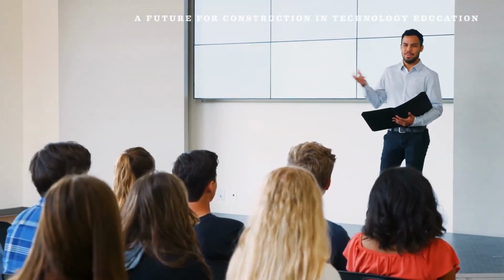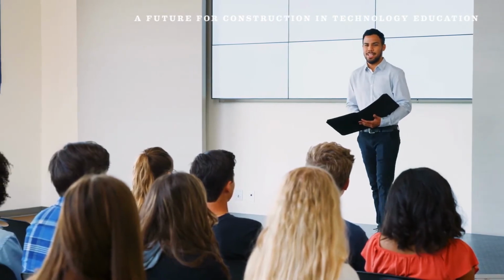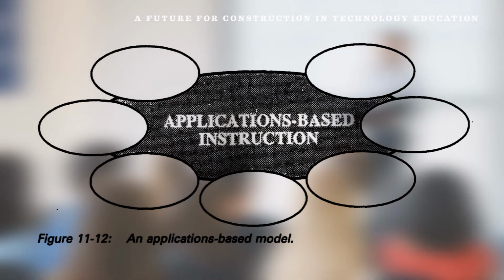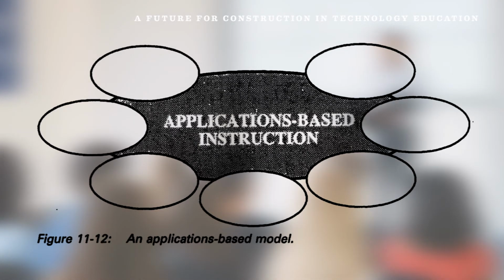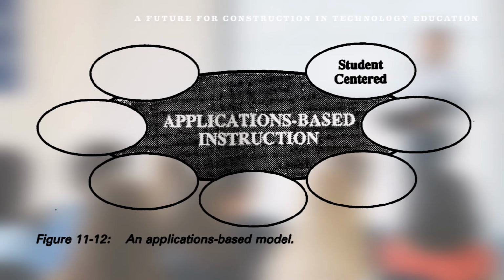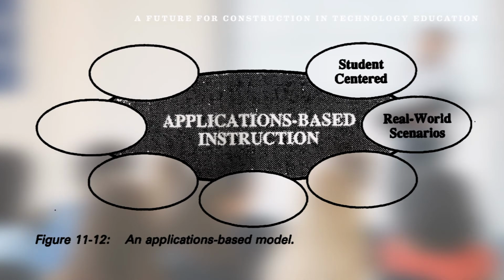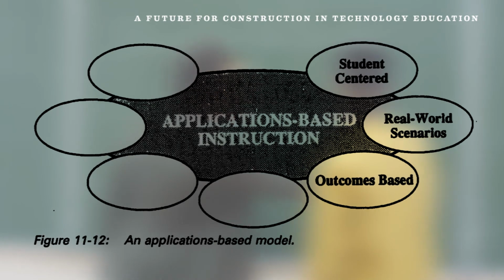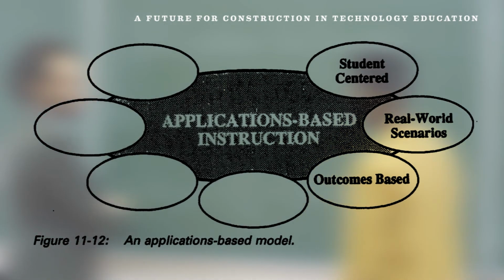The figure illustrates the major elements of the concept of applications-based instruction, which has the following characteristics. It is student-centered and allows the students to do much of the decision-making. It employs real-world scenarios selected from local concerns whenever possible. It has carefully stated outcomes reflecting state or local proficiencies.